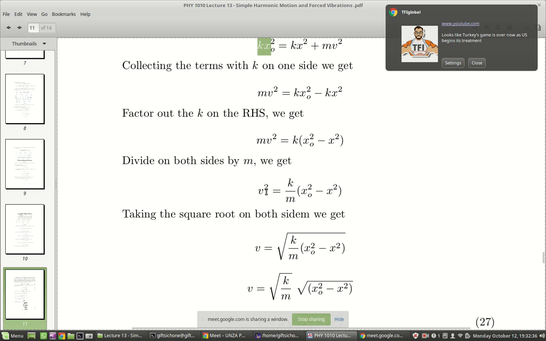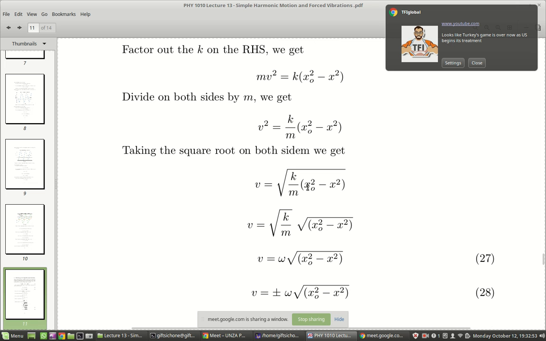The square root of k over m, we know that is equal to omega. So v is equal to omega times the square root of x naught squared minus x squared, like that.